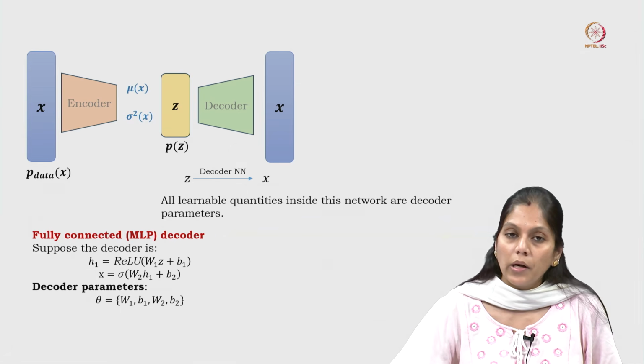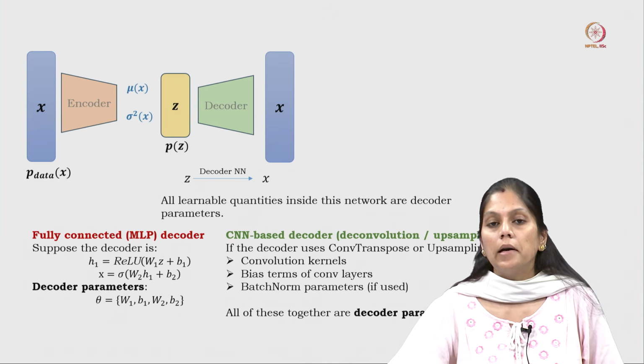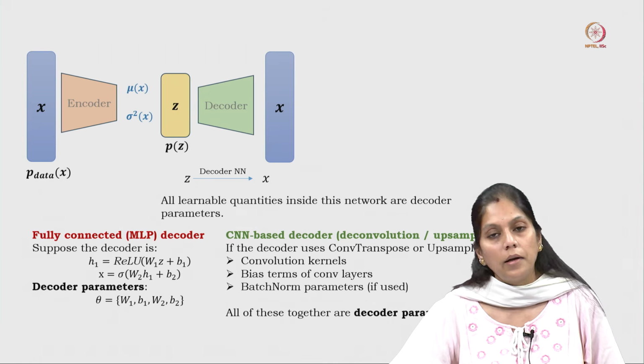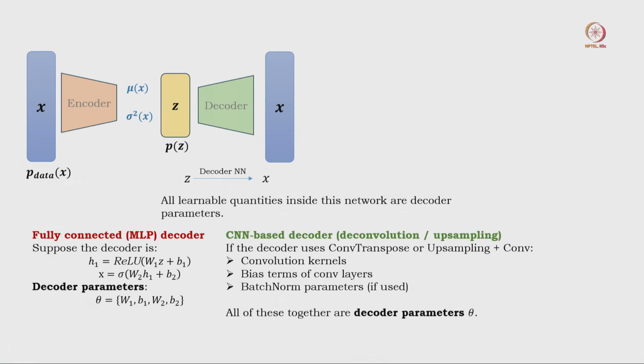If you are working with images, the learnable parameters can be convolutional kernels, a bias, or, if you are using batch normalization, those parameters.